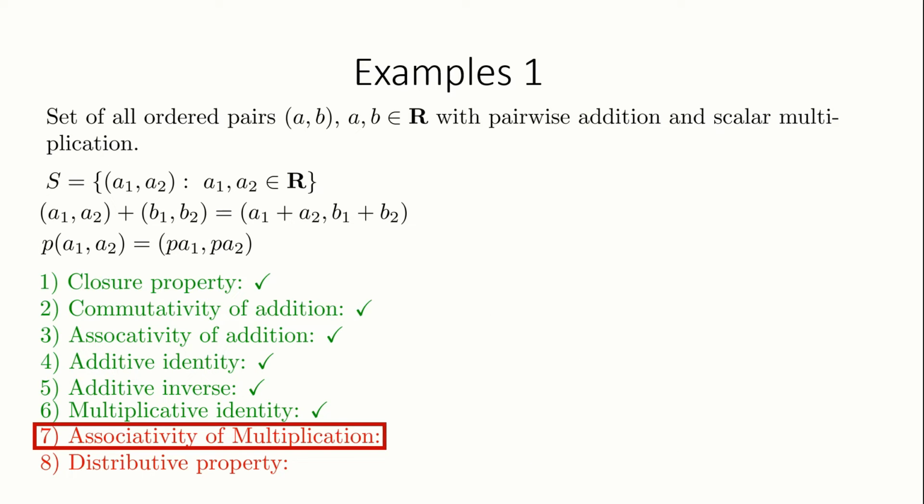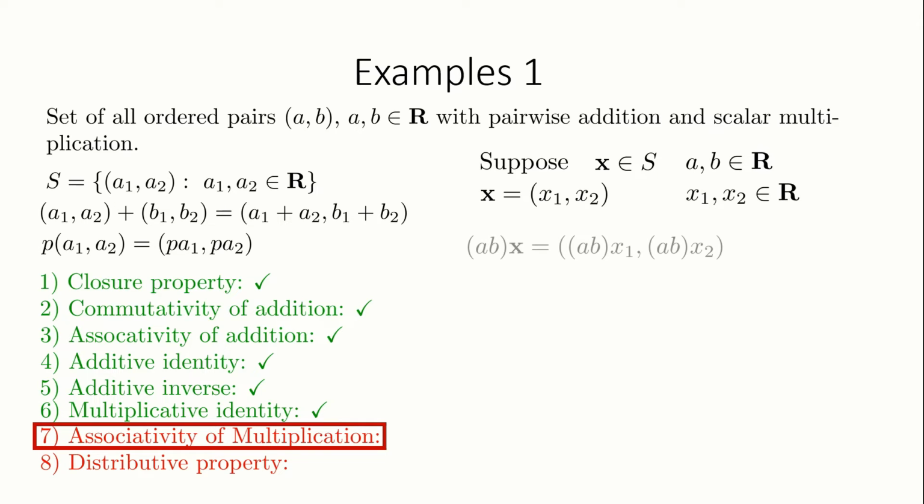Let's verify the seventh condition, that scalar multiplication is associative. Suppose x is an element of the set S and a and b are scalars. Multiply the product of a and b with x. Now a, b, x1 and x2 are real numbers and we already know that multiplication for real numbers is associative.